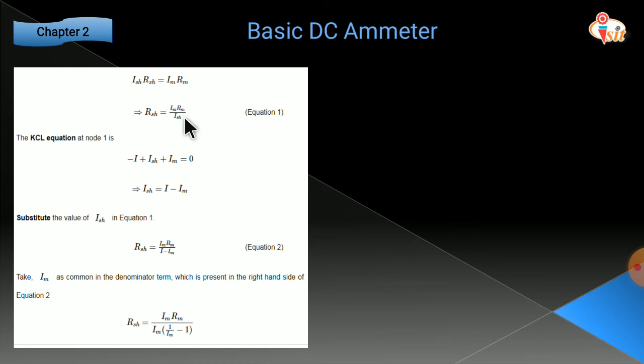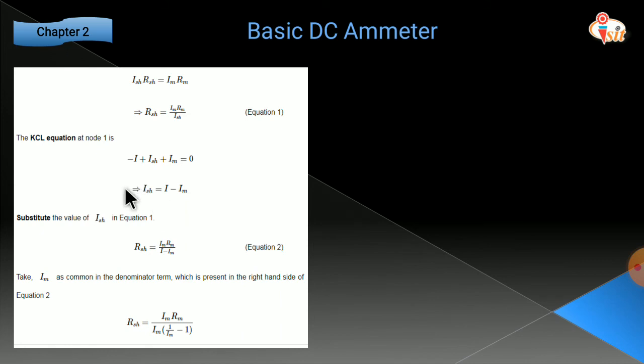Now we apply KCL to this circuit diagram: minus I plus ISH plus Im is equal to 0. Taking minus I to the other side of the equal sign, the signs change: plus becomes minus and minus becomes plus.